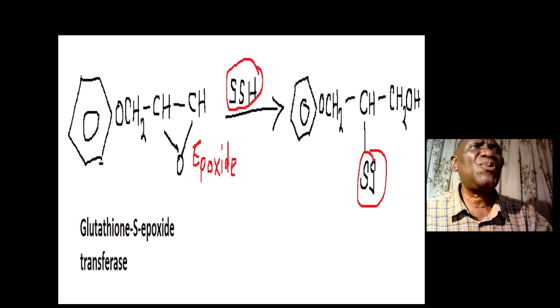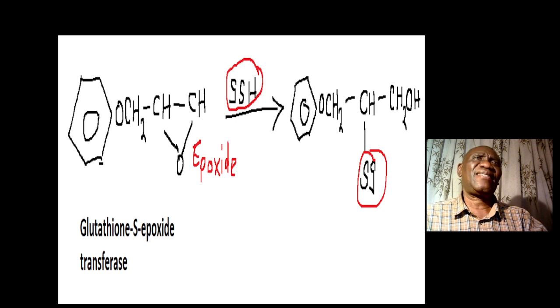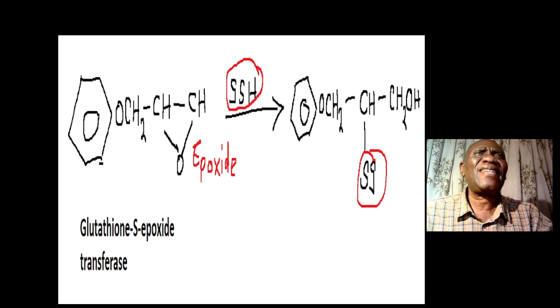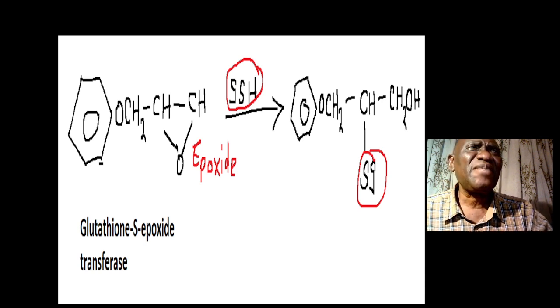If we have an epoxide which had been formed in phase 1, glutathione likes epoxides, these structures. So it is going to get joined to that and fixes the pesticide.